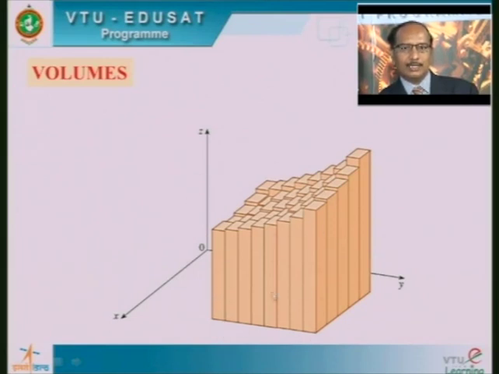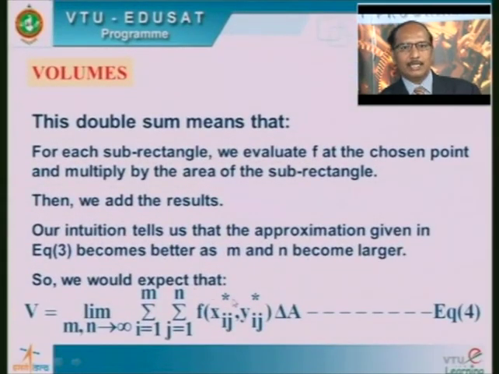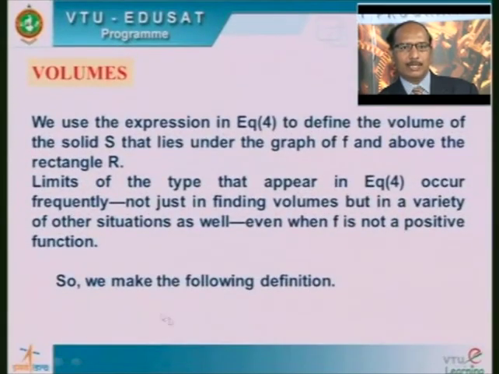If you increase m and n to infinity, the rectangular sizes become very small, so that looks like the entire volume. So the double integral is the limit of m and n tending to infinity, adding those infinitely many volumes of rectangular boxes, which gives the volume of the solid.